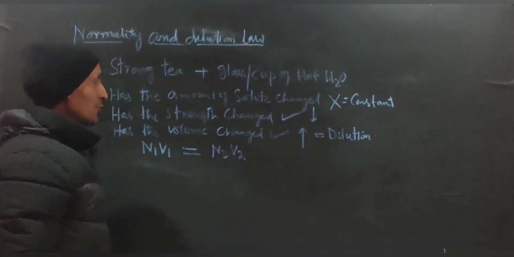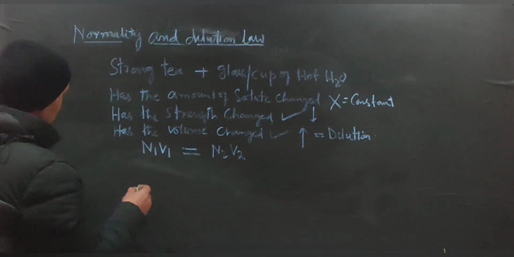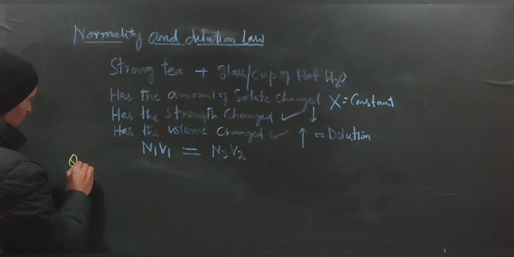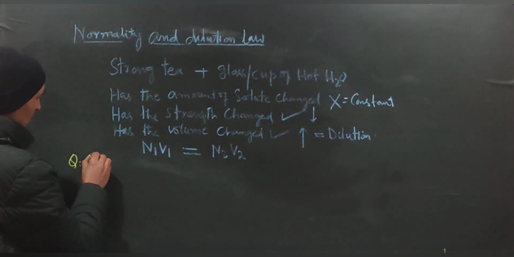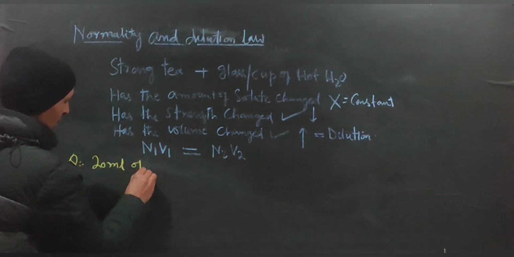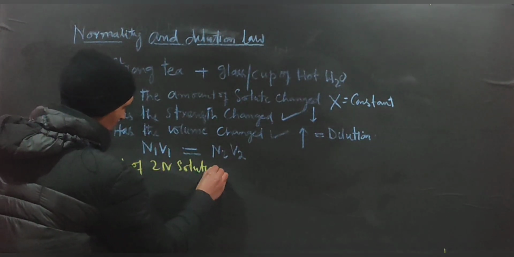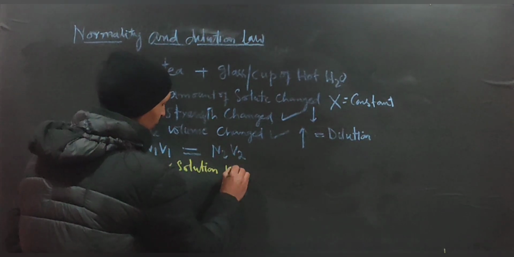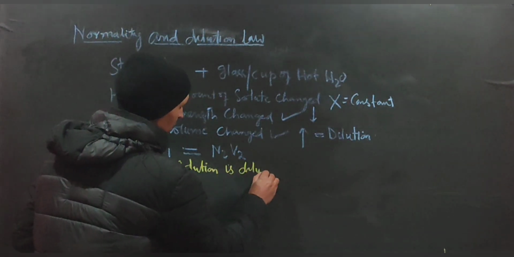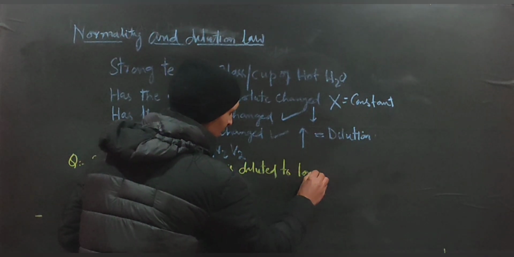Okay. So let's do a numerical on it. A simple numerical will do. Question: 20 ml of 2 normal solution is diluted to 100 ml.